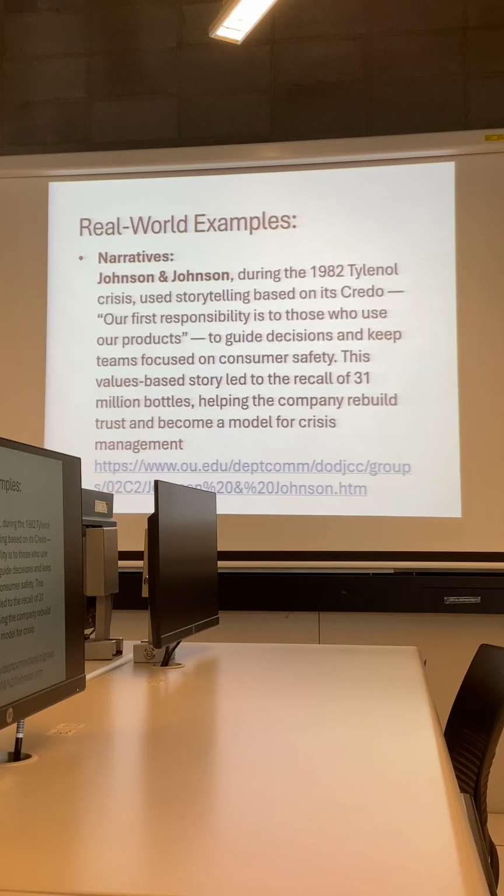So this is kind of like they used a chemical that is not friendly to our human body. And at that time, maybe in the pilot process nothing was wrong, but when they launched to the people, they found out that the ingredient is not good or has an impact on our body. Johnson and Johnson recalled 31 million bottles, helping the company rebuild trust and become a model for crisis management.